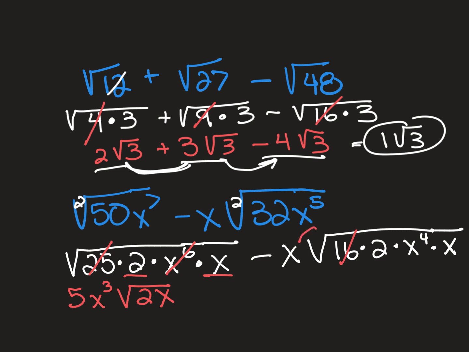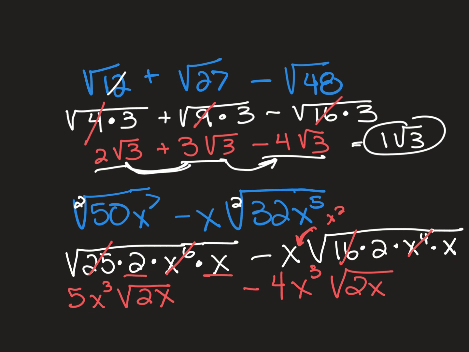So that's going to get kicked out here. So I'm going to end up with negative 4x. Square root of x to the 4th is x squared. So when the x squared comes out here and joins this x, it actually becomes a 3. And then I'm left with the square root of 2x.